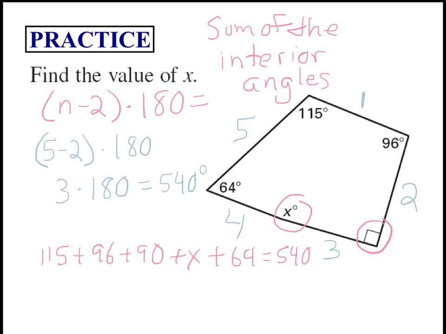So when we add up the left side, we have x plus 365 equals 540. We subtract 365 from both sides, and we get x equals 175 degrees.